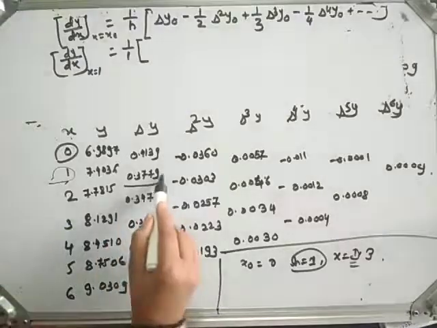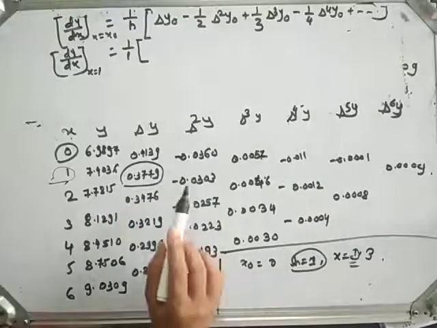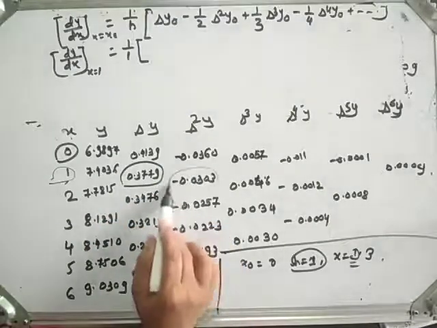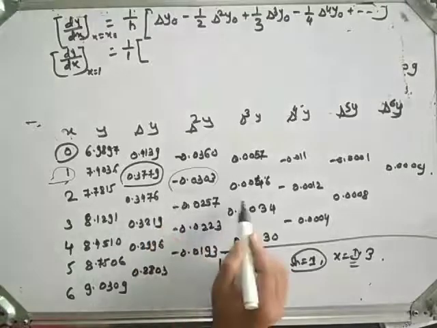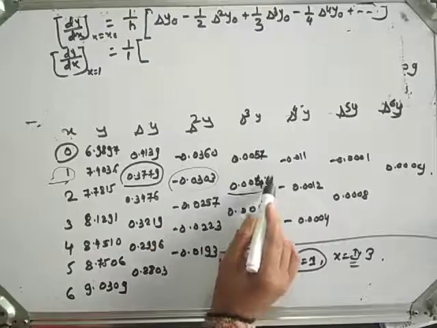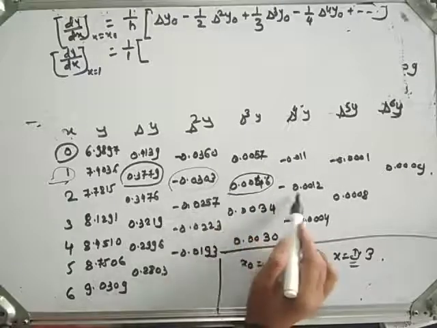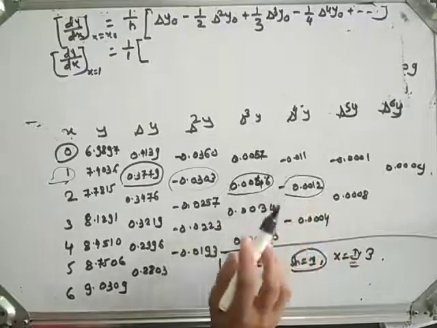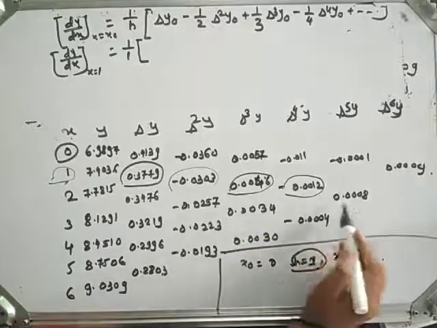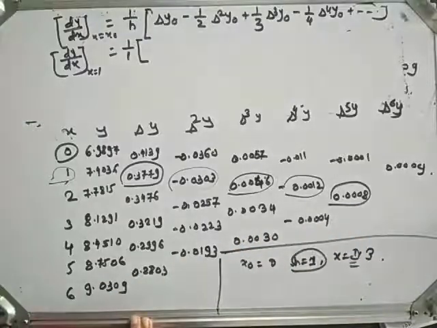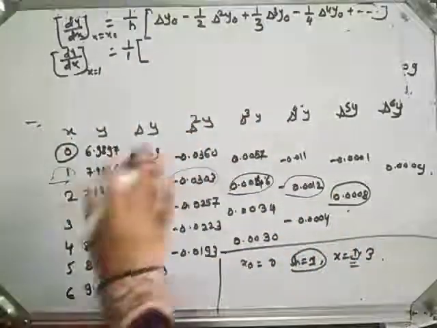Delta y0 is this value. Next, delta square y0 is this. Delta cube y0 is this. Delta raised to 4 y0 is this, and delta raised to 5 y0 is this value. Okay, now put all these values in this formula.